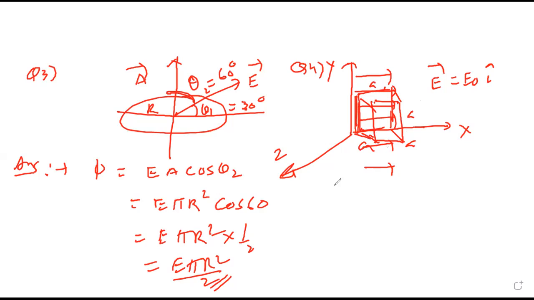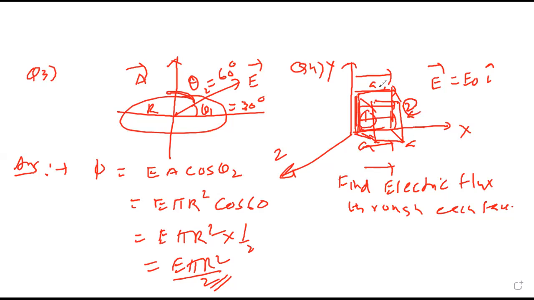How many faces does a cube have? 6. We want flux through each face. If I consider this as one face, this is the second face, top and bottom are 3 and 4, front and back are 5 and 6, correct? For this, the area vector is this way.